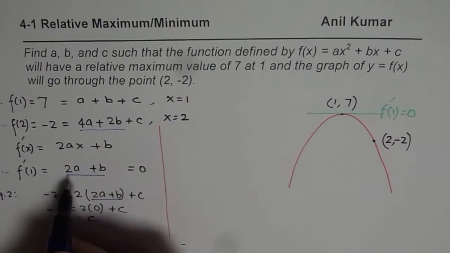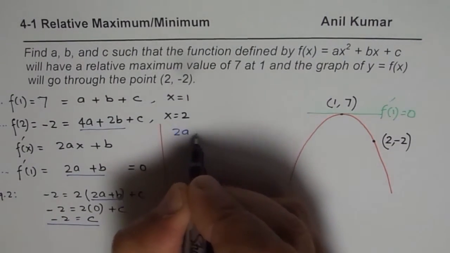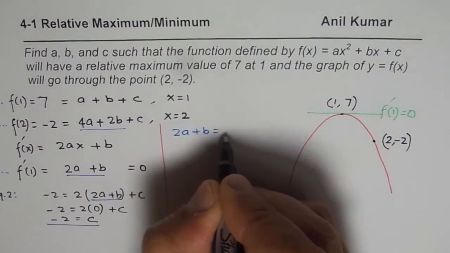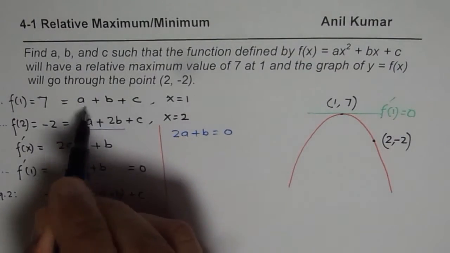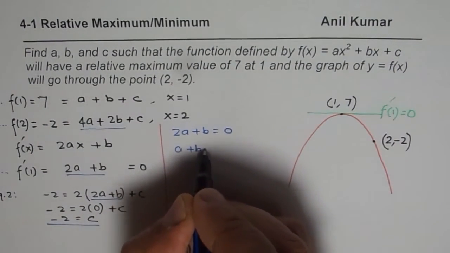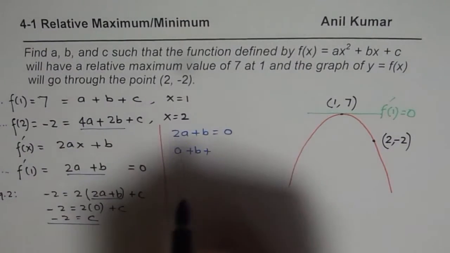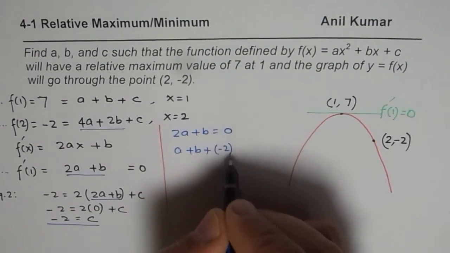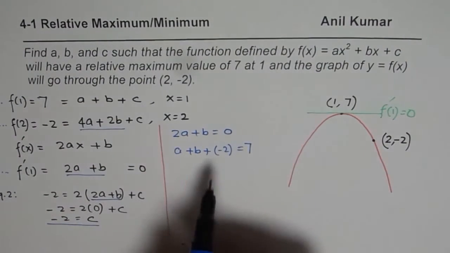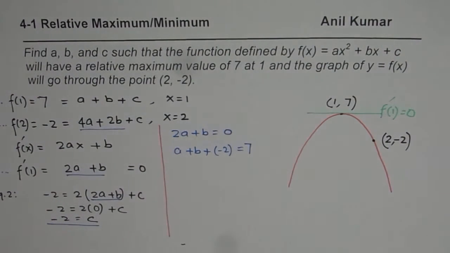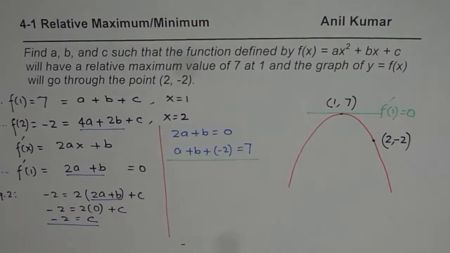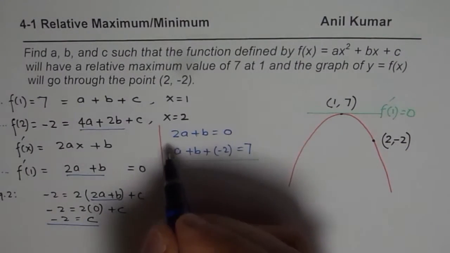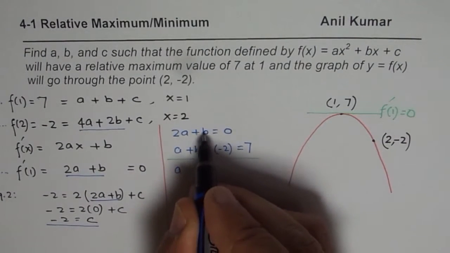We have 2a plus b equals 0, and then in equation number 1 we have a plus b plus c, which is -2, so I'm substituting -2 here: a plus b minus 2 equals 7. Now if I take away this equation from that, I get the value of a. 2a minus a is a. b minus b is 0.